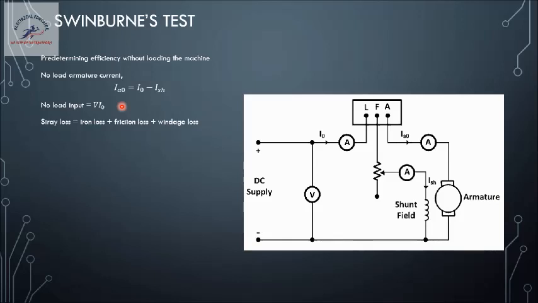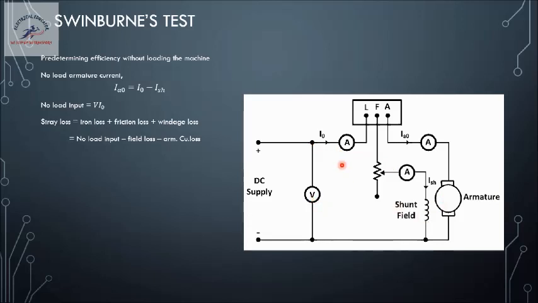Next we have to find out the stray losses: iron loss, friction loss, and windage loss. These are also called constant losses, which contribute to stray loss. The machine is not connected to any load, but it is still rotating.